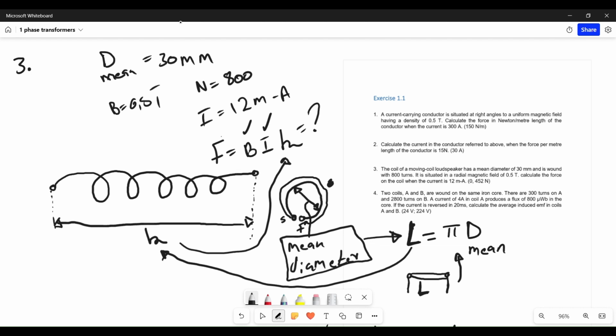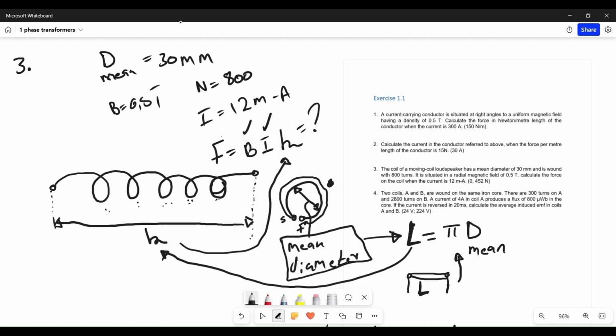So remember, I said the diameter inside one turn is mean diameter. Just that I haven't drawn it well. In each and every turn, the mean diameter is the same.